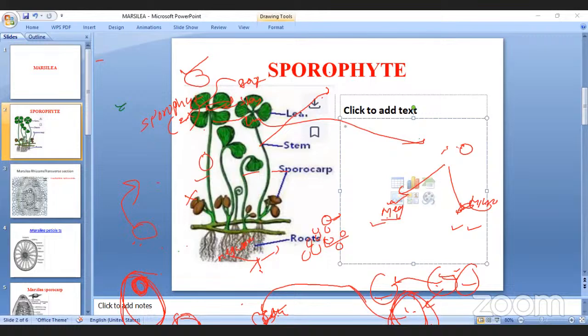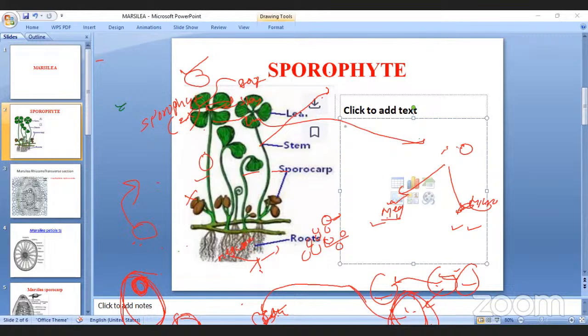What are gymnosperms? Just compare with the Pteridophyta. Gymnosperms, same like Bryophyta and Pteridophyta, are embryophytic. First of all, sorry, I forgot, autotrophic, embryophytic, and like Pteridophyta, tracheophytic, seed-bearing plants.